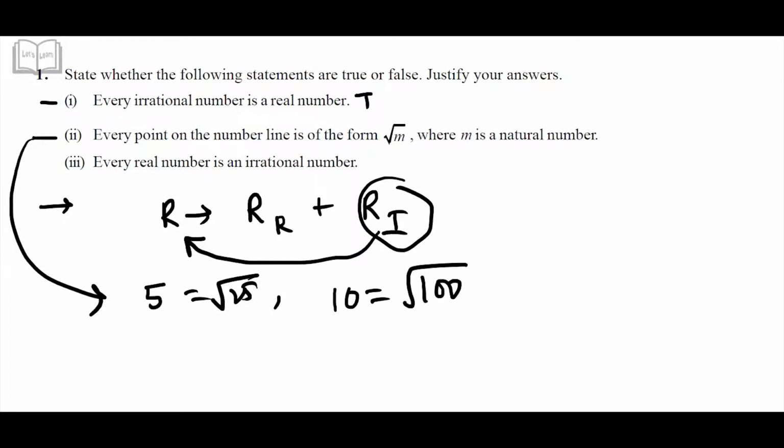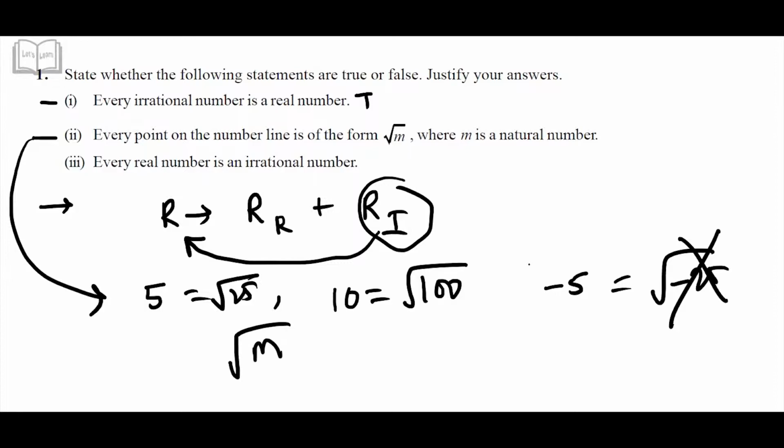If we have minus 5, we cannot write it as root 25. No negative number can be written as root of some natural number. So this is not true when the number is less than 0. So this statement is false.